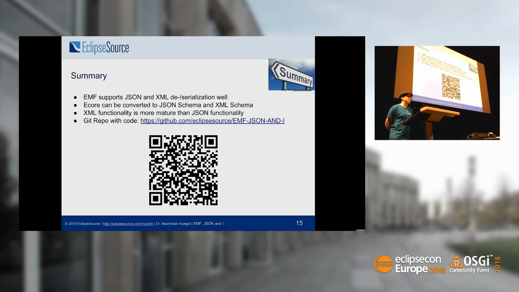So if you think, for example, about an enterprise architecture where you model your data, then maybe Ecore is a good format to start with and then to generate dependent artifacts from that. The XML functionality is definitely much more mature than the JSON functionality.